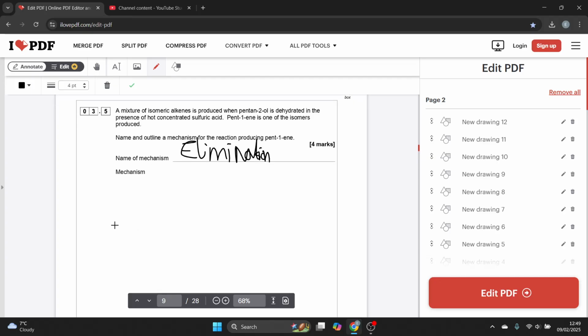So first you draw out pentanol: methane, ethane, propane, butane, pentane.